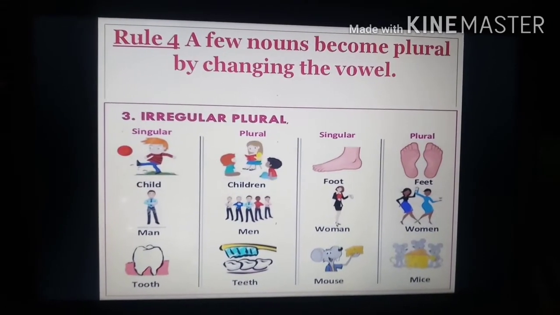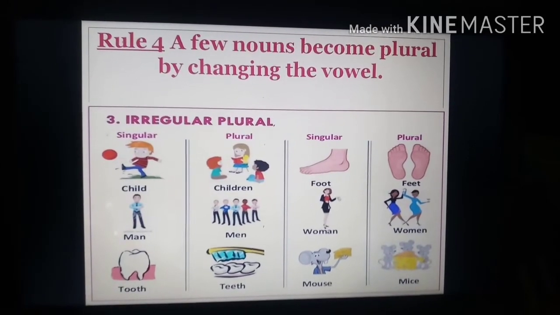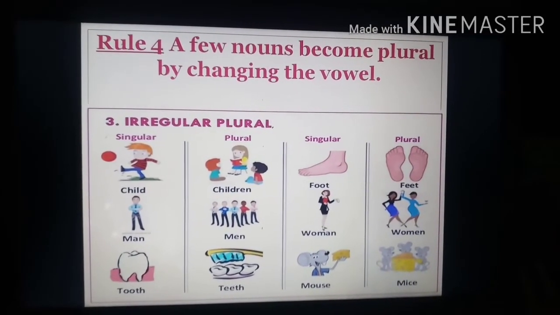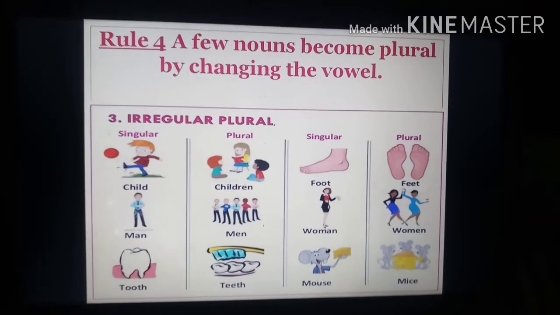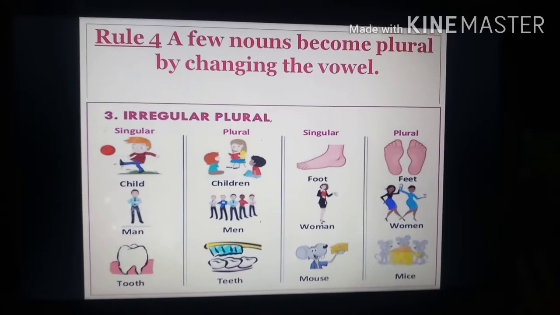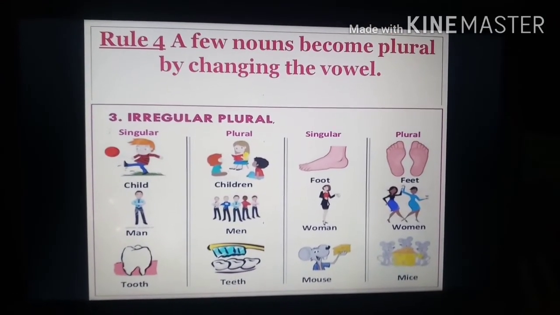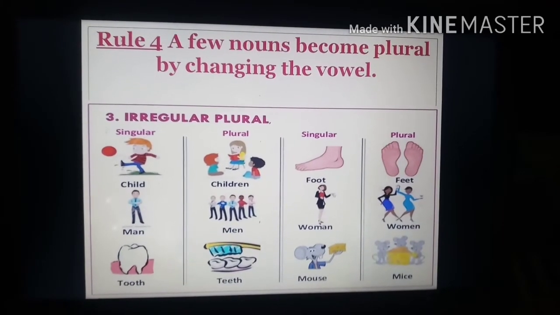Tooth, teeth, foot, feet, woman, women, mouse, mice. So in each of these words there is a vowel, and if we make them plural, we will change the vowel of these words.